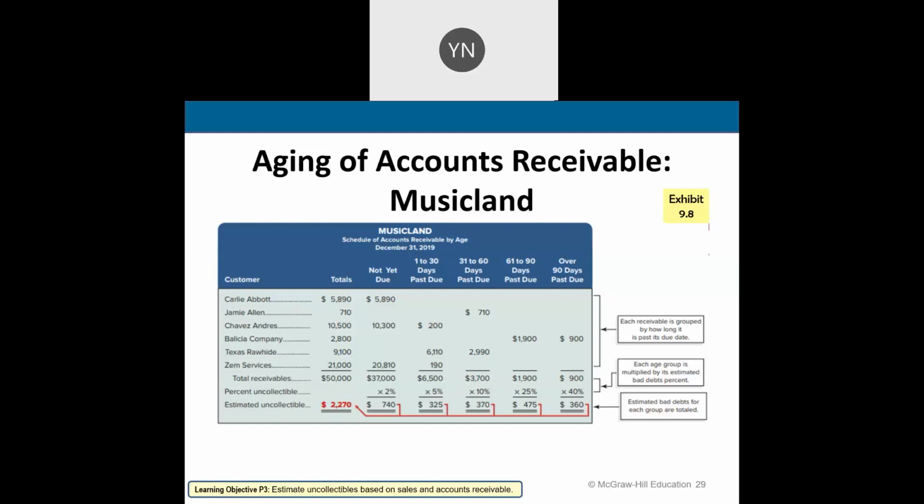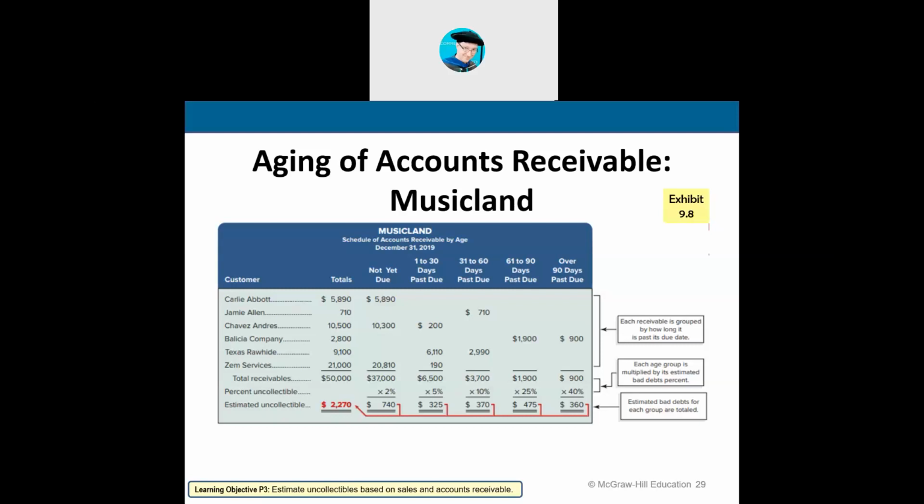And then I would credit bad debts expense. I'm basically undoing it. You're undoing it. That's right. Yep.